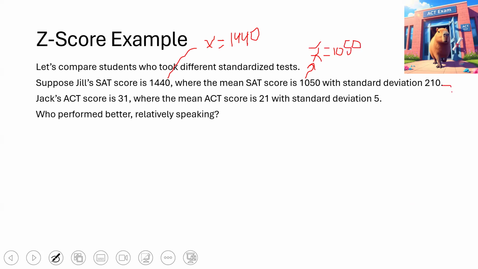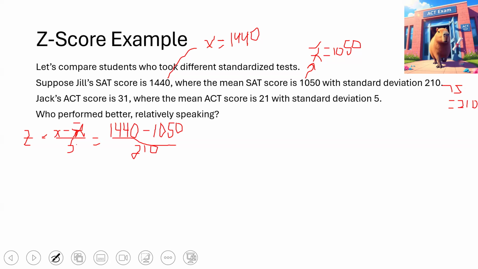And the standard deviation, s, is 210. So in our z-score formula, our point is 1440 minus 1050 over that standard deviation 210.